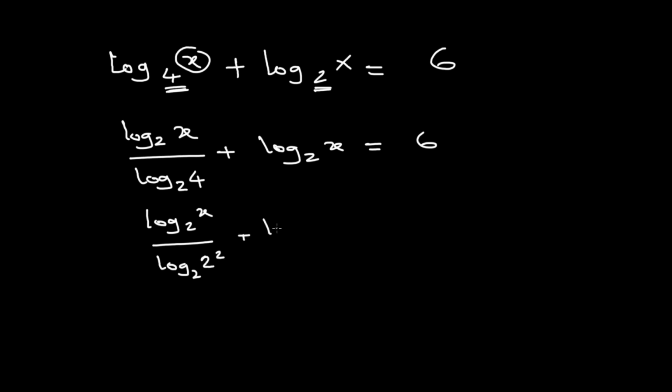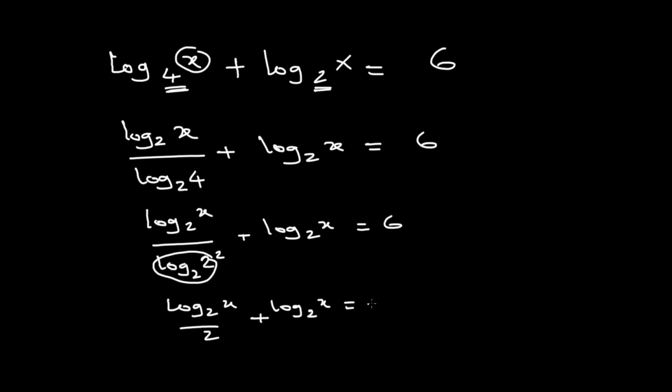Then I can repeat my statements, is equal to 6. So this one here, the 2 comes out, then this whole structure becomes a 1. So I have log 2x over 2 plus log 2x is equal to 6.